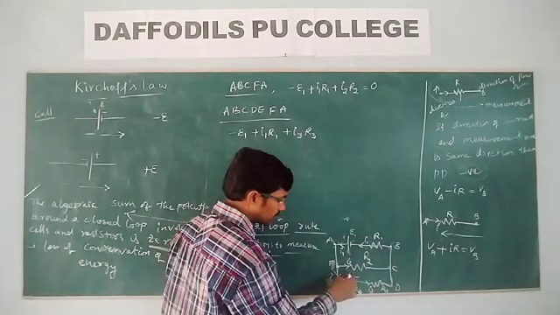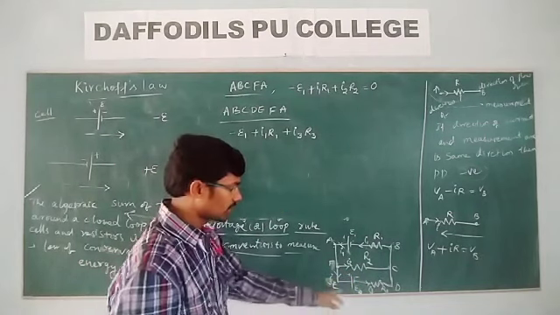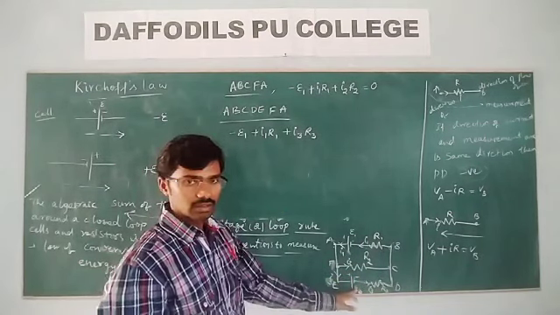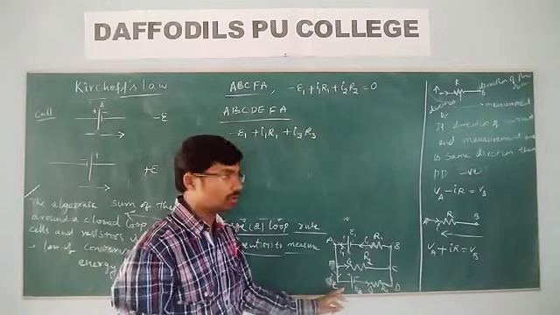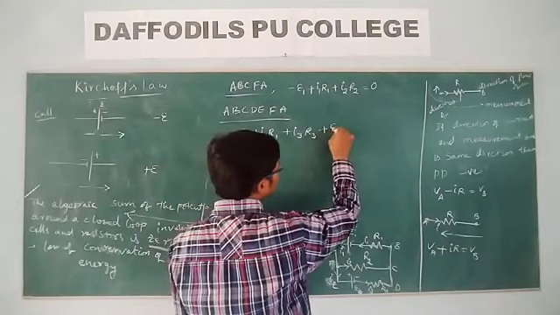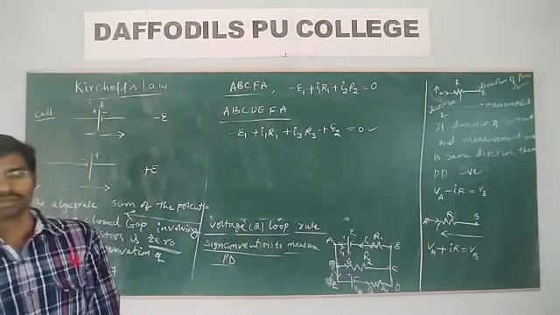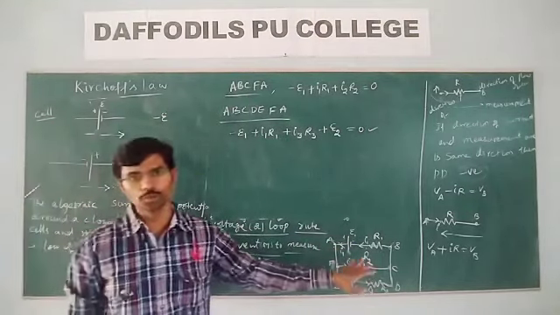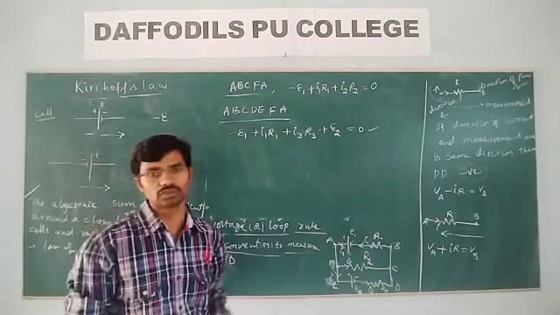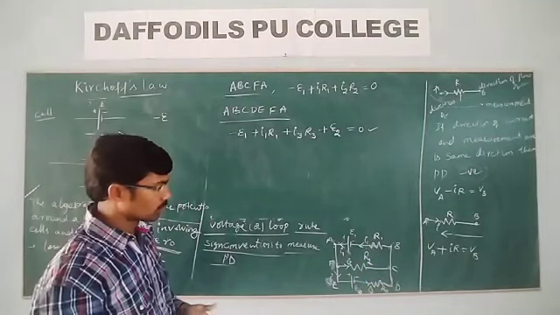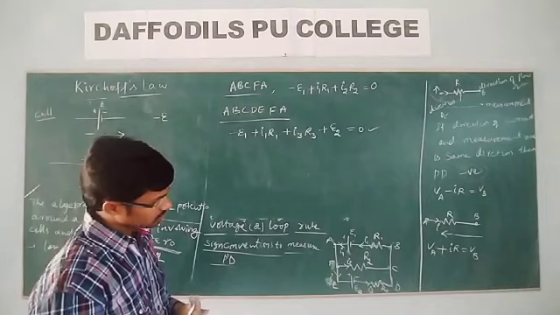Negative terminal, and here positive terminal. Then what do we get? Plus E2, when moving from negative to positive. This is equal to 0. Is it like that? Any closed loop you can take and apply this voltage loop rule. And let me take one more.